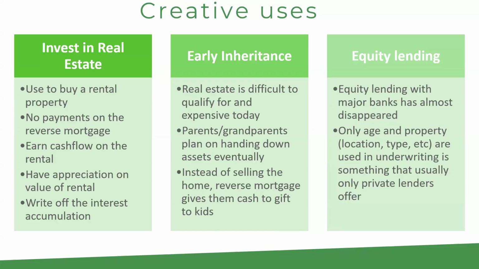And because they're only looking at age and property in the loan amount that you're seeking for the underwriting, it's something that for the most part only private lenders offer, except it's much cheaper than private lending options. So ultimately, a reverse mortgage is a really useful tool for being able to qualify for a mortgage that you wouldn't otherwise qualify for. So it's kind of cool.